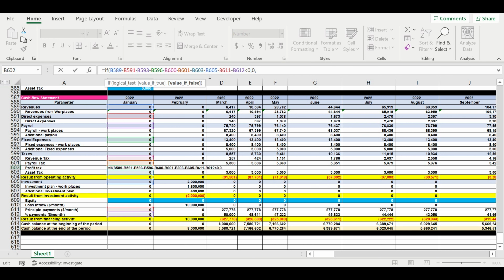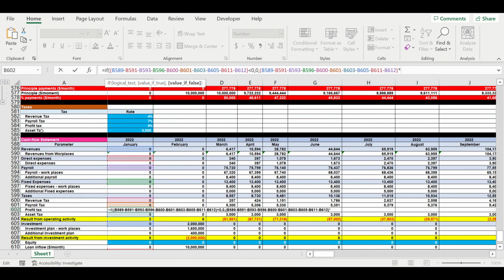Otherwise, we will take this base for the tax and multiply it by the profit tax rate.